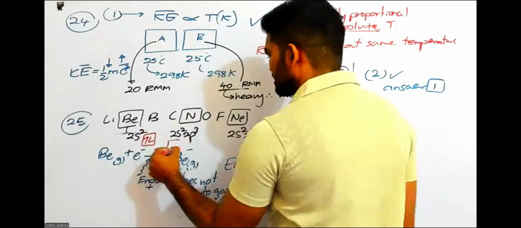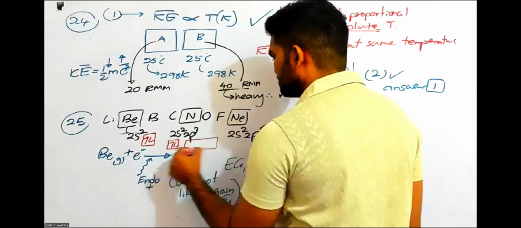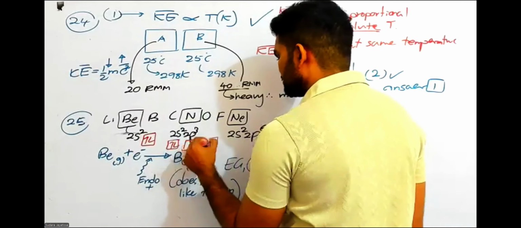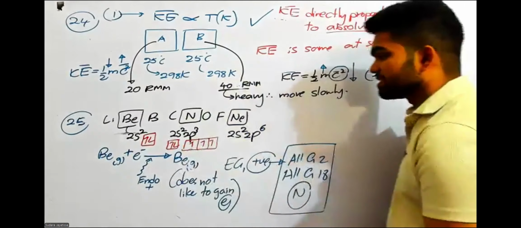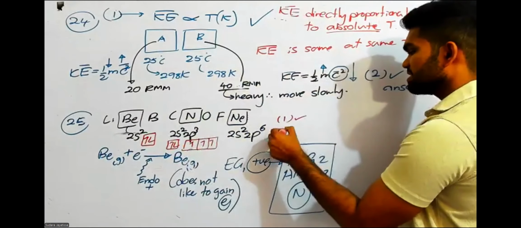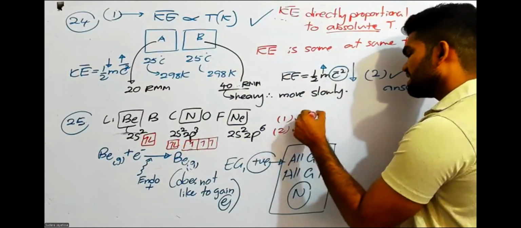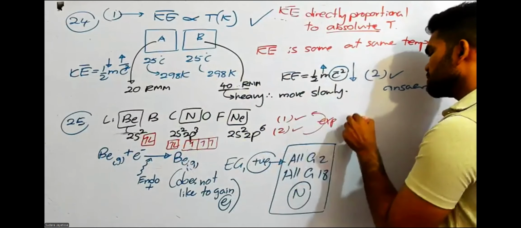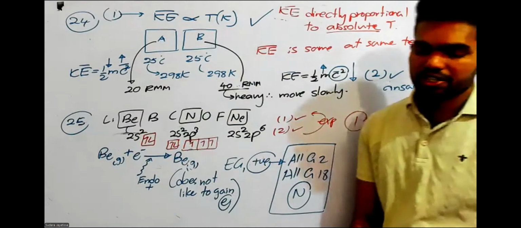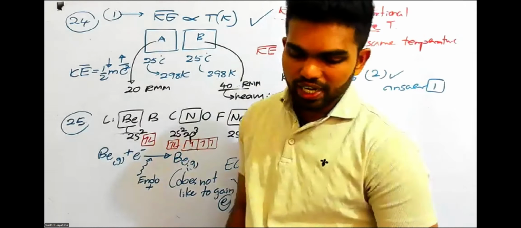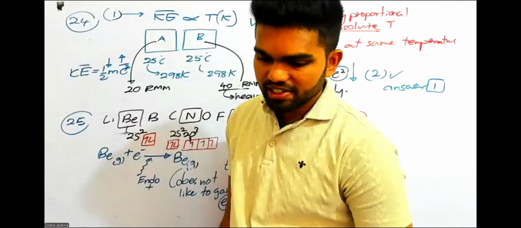And for this one, 2s2 is fully completed, 2p3 is half filled, one per each orbital. So this is also stable. So that's the reason. The first one is correct, the second one is correct, and the second one can explain the first one. So your answer is going to be again answer 1. So the 24th and 25th questions both have answer 1.